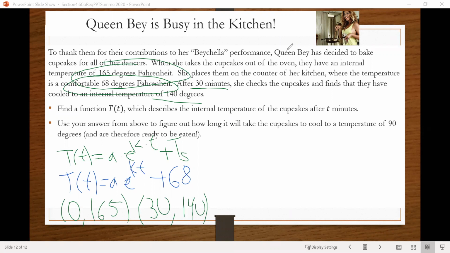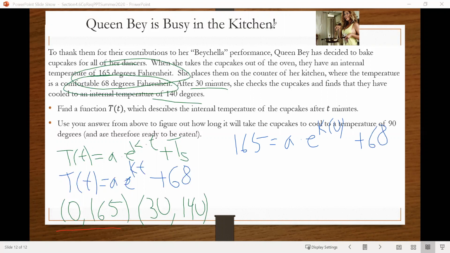So let's start by plugging in the point 0, 165. When we do that, we should have 165, since that's our output, equals A times e to the k, since we don't know k yet, times 0, because that's the value for t, plus 68.